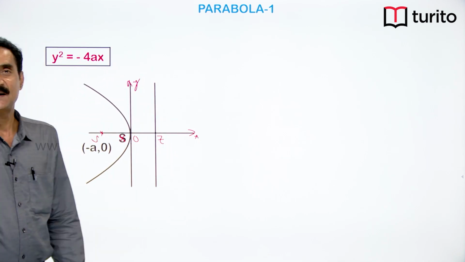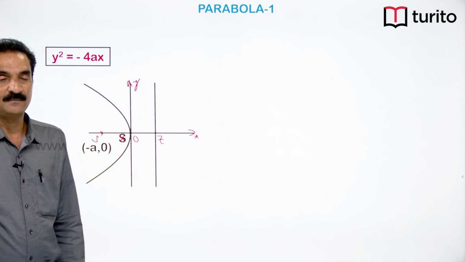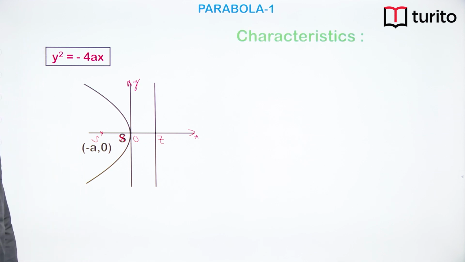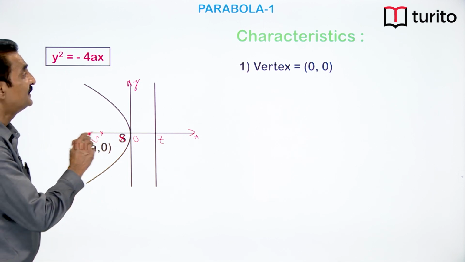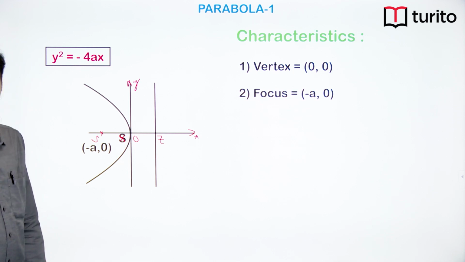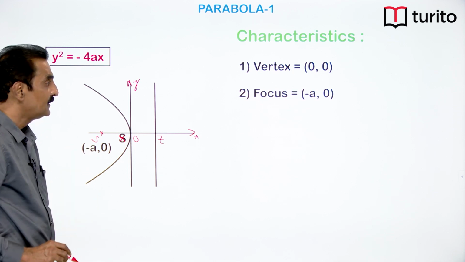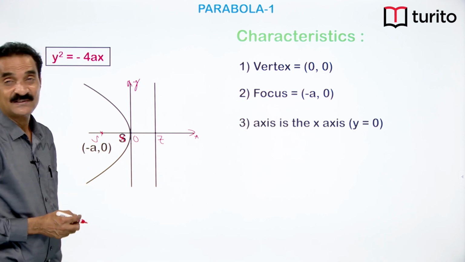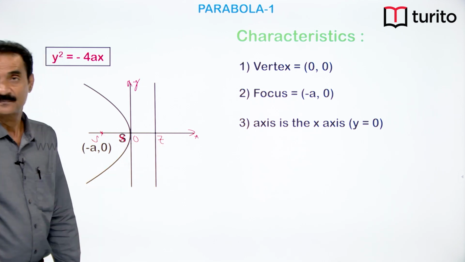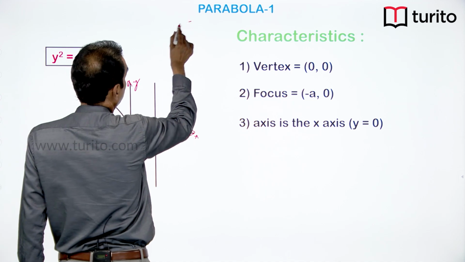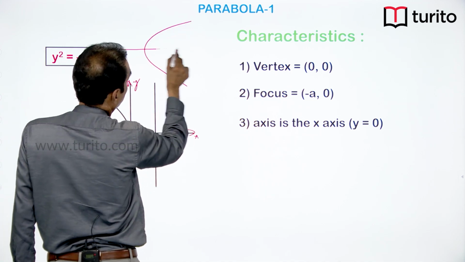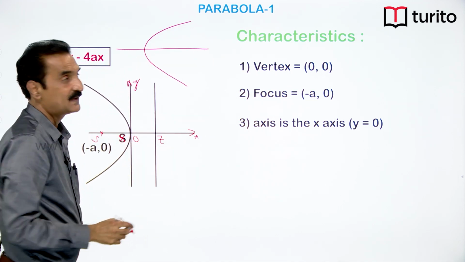Now, let us see the characteristics of this parabola. First point, its vertex is the origin, focus is (-a, 0), axis is the x axis only. But one important point is, in the case of this parabola, the axis is the x axis.